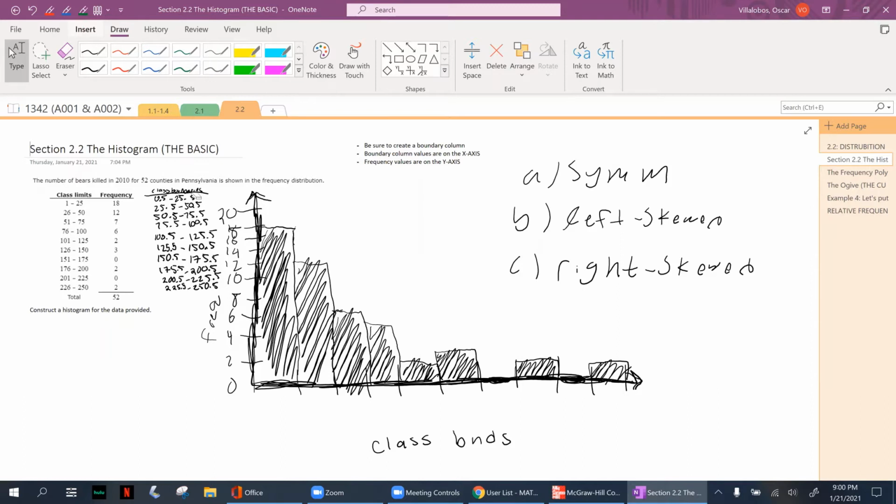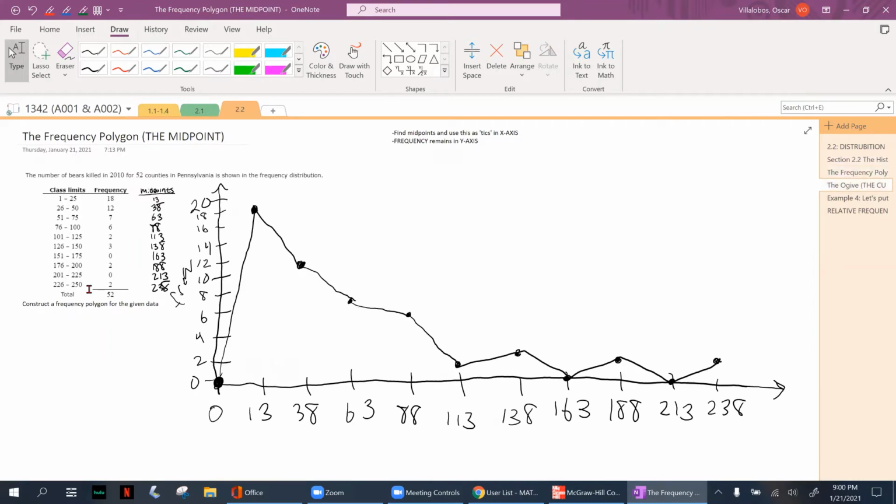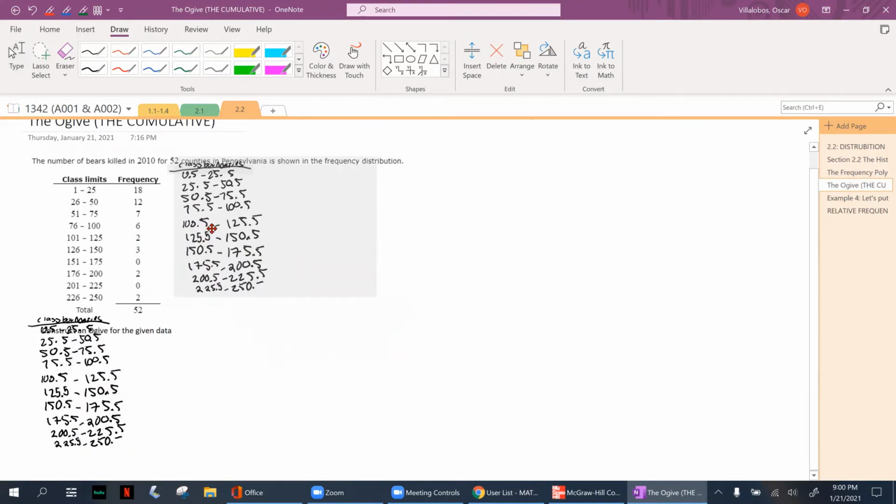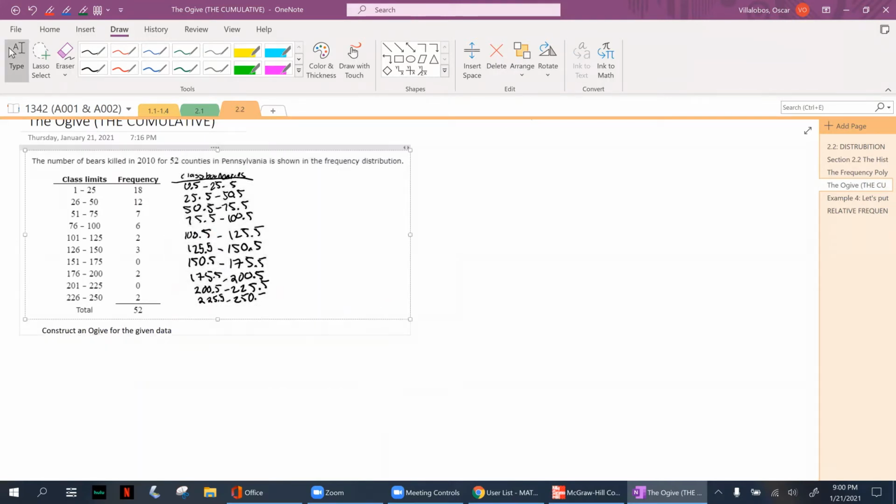Because it's still the same problem, just applying the different graphs. The Ogive is right there. So we already have the class boundaries. Those are my class boundaries.